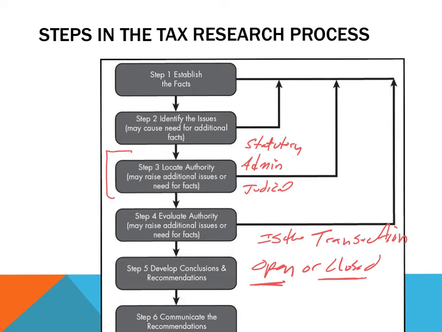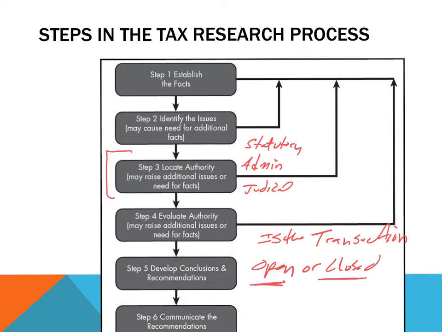Okay. Step 4 is evaluate the authority. Okay, so what does that mean? Now you have to look at what's the precedential value. How did the court decide what it decided? What were the reasons for that court decision? And do those reasons impact your situation? Okay. Then you're going to have to develop some conclusions and recommendations, okay?